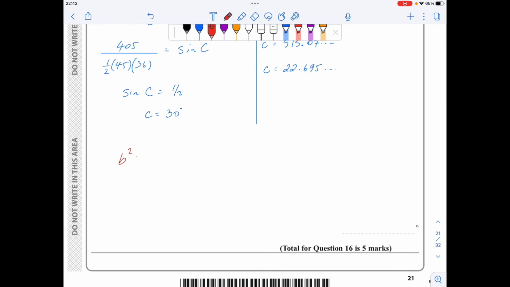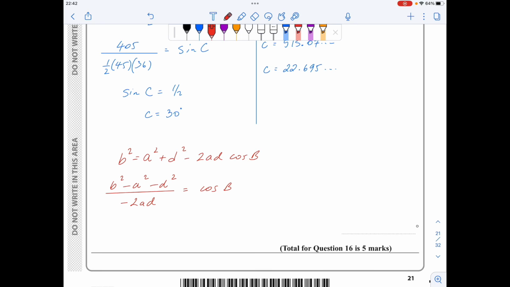B squared is equal to a squared plus d squared minus 2ad cos of B. I'll rearrange this to get cos B on its own. So b squared minus a squared minus d squared, all over minus 2ad, is equal to cos B.